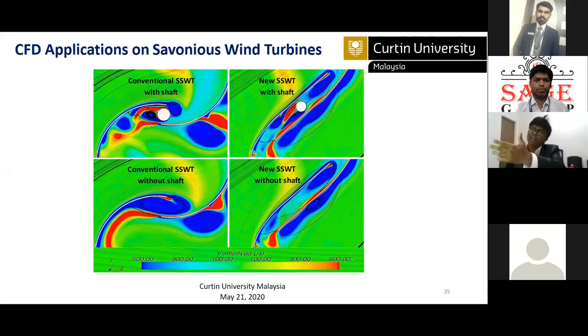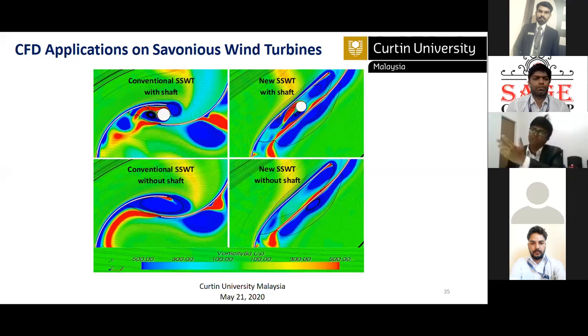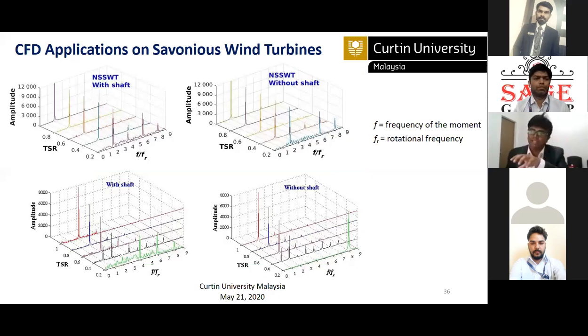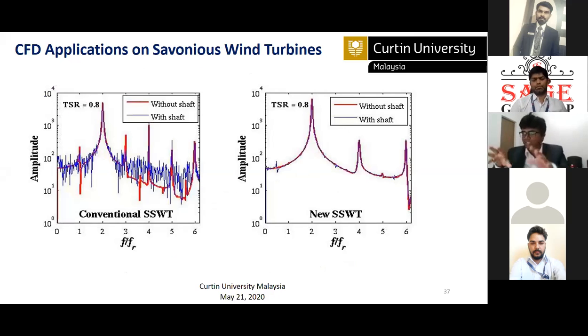Traditionally, the overlap flow is responsible for a positive contribution to the power, but when you install the shaft, this positive effect is converted into a negative effect because of that noise you can see in these diagrams. If we zoom in on a particular picture, this FFT has been taken from the moment coefficients of the turbine.